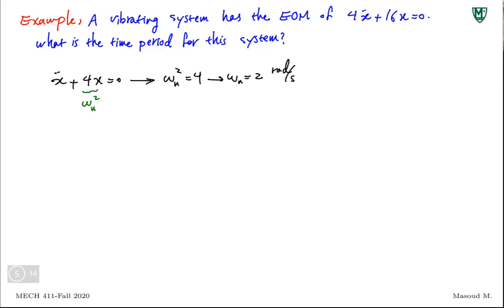Do you guys remember the relationship between time period and natural frequency? Isn't it omega n is equal to 2 pi over T? Exactly. And T is our time period. So you can find T as 2 pi over omega n, meaning that time period would be 2 seconds.